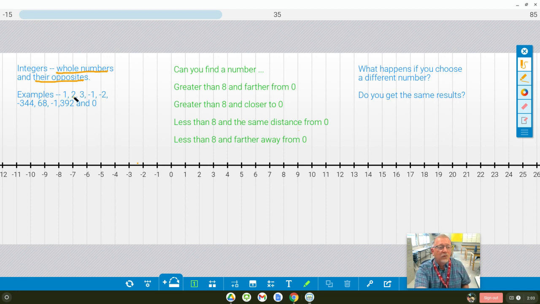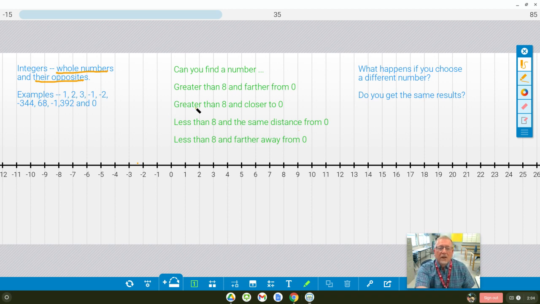So examples would be 1, 2, 3, -1, 2, 3, -344, 68, -1,000, 392, and 0. So all of these numbers on the list, and on this number line, and if we kept the number lines going, would be integers. Those are what integers are.